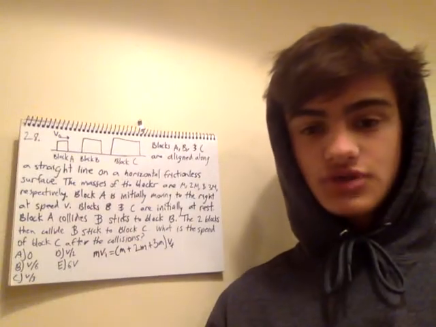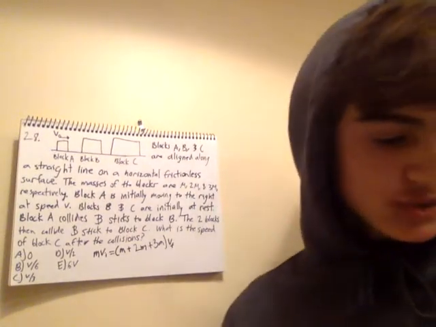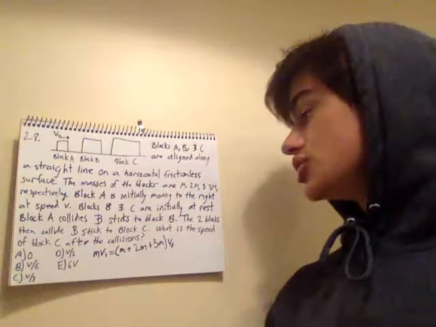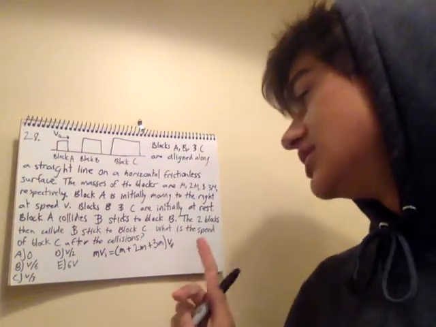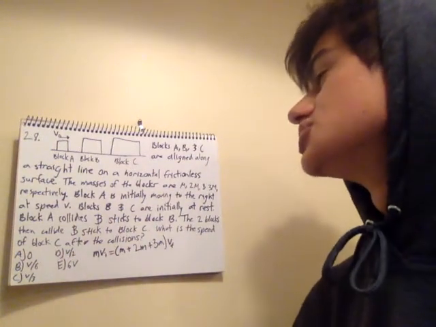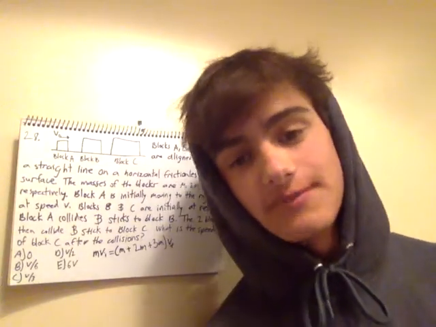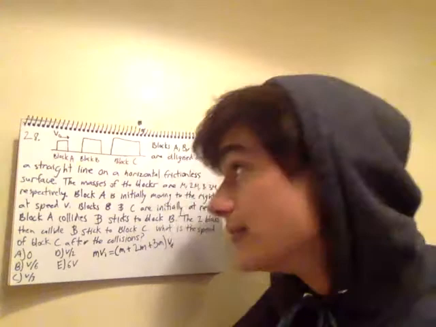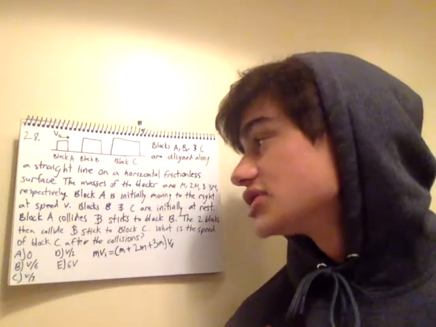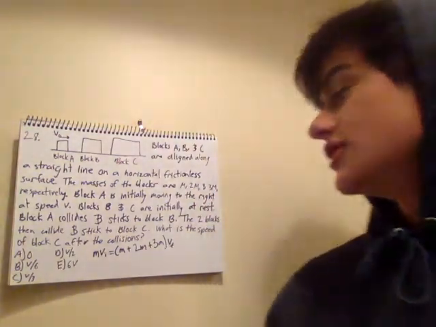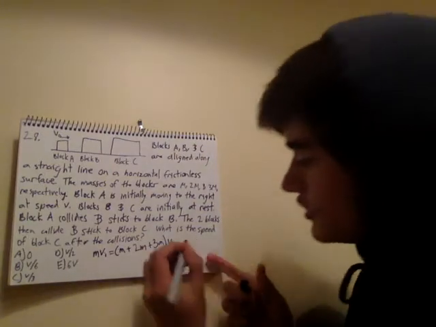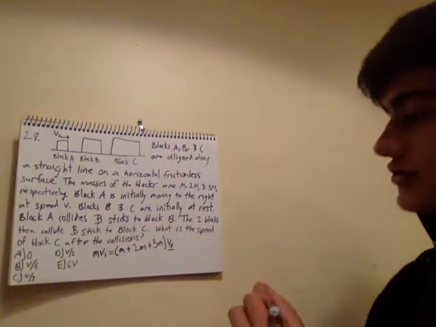And going from this setup, we can start to solve. So what we're looking for is the speed of block C after the collisions. But all three blocks at the end are going to have the same speed because it's one system. Block A at the end will be going as quickly as block B, as fast as block C. So what we're solving for here is velocity final.